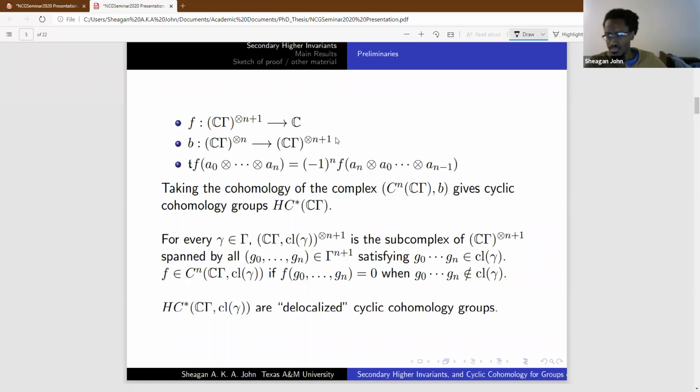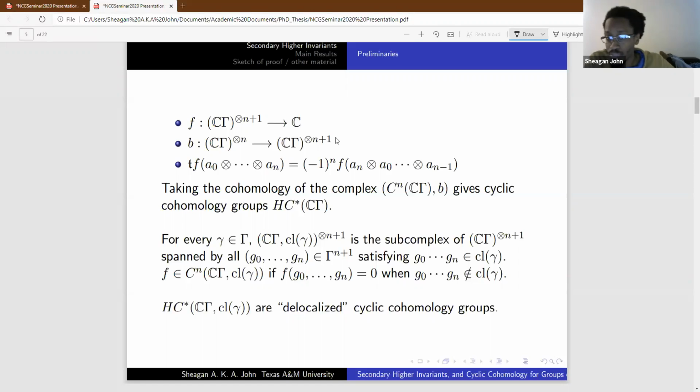I think you can do this with the reals too, but things aren't quite as nice. We have a coboundary differential. And importantly, I won't get into exactly how everything is defined, but it's essentially going to act in the same way as the coboundary differential for Hochschild cohomology. And then we're going to take this T as our cyclic operator, which behaves as such.